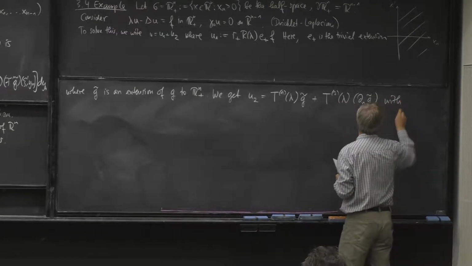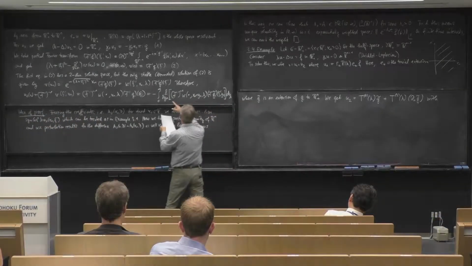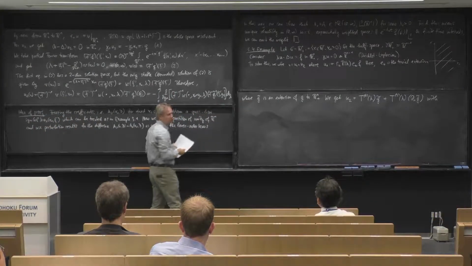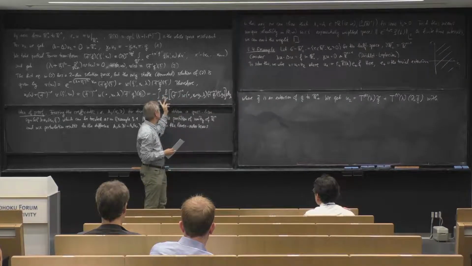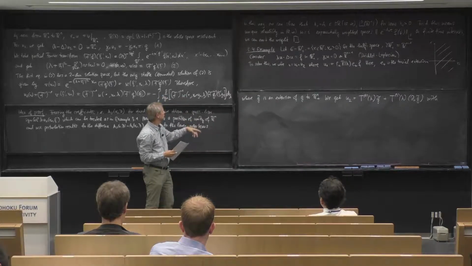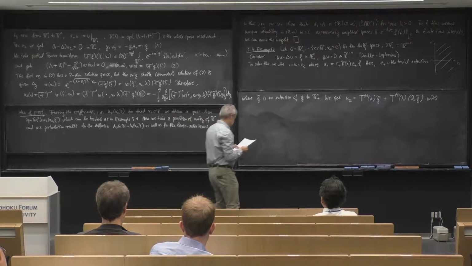And what is T1, T2? What I do now is I take this partial integration by the product rule. I first differentiate this, and in the second part I differentiate this.